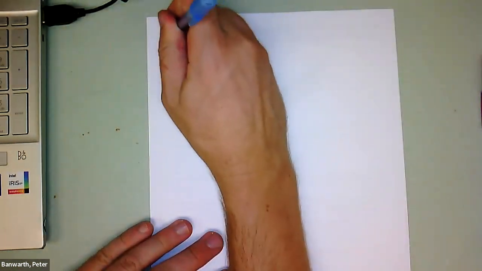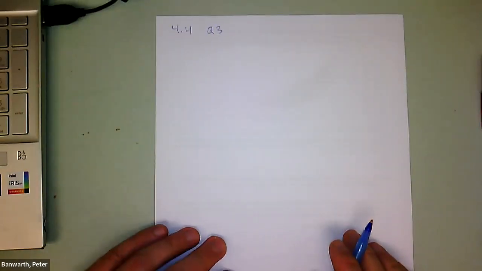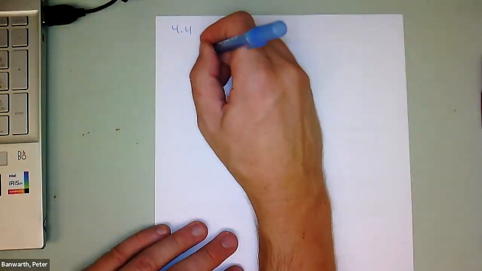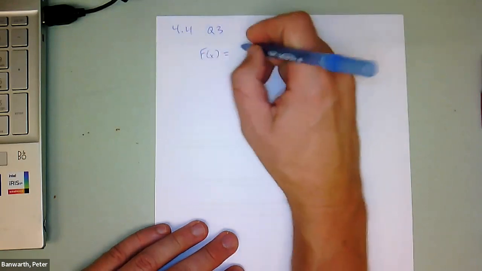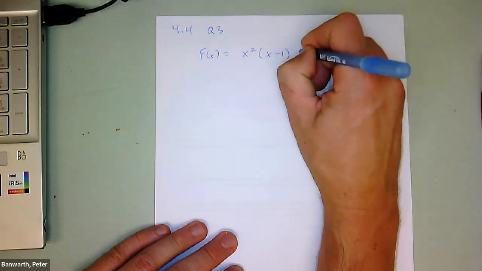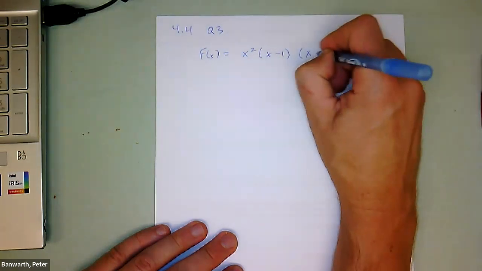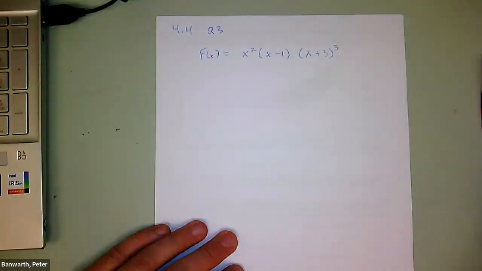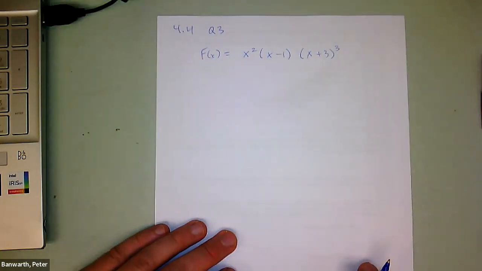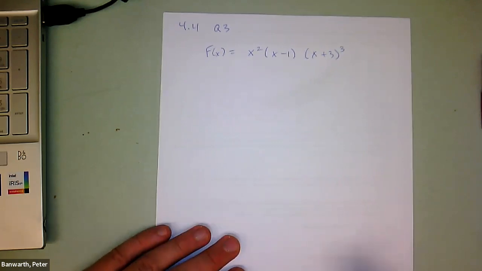Question 3, 4.4, question 3. Sometimes we have polynomials that are written factored. Let's look at x squared times x minus 1 times x plus 3 cubed. I'm making up all of these off the top of my head, so if we run into problems, we have to deal with it.